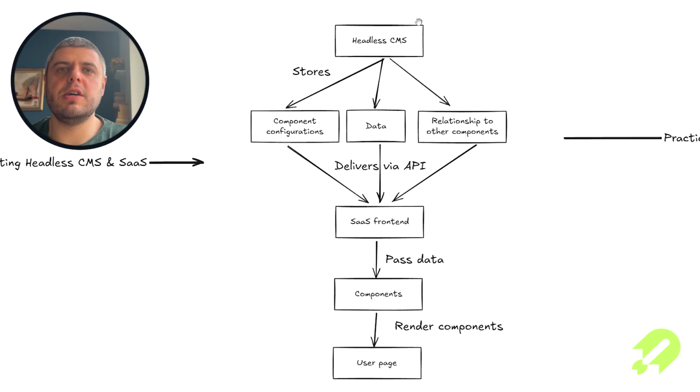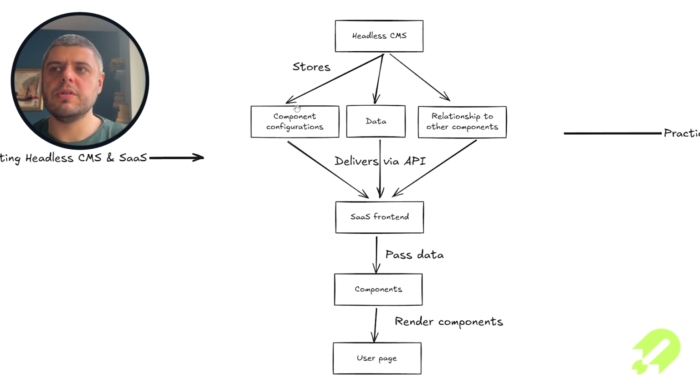We have our Headless CMS, which we have identified provides and stores all of your data via API. The data that is usually stored is either component configurations, data like the text in a field or maybe the label of the field. And there's also the ability to create relationships to other components that you have built.